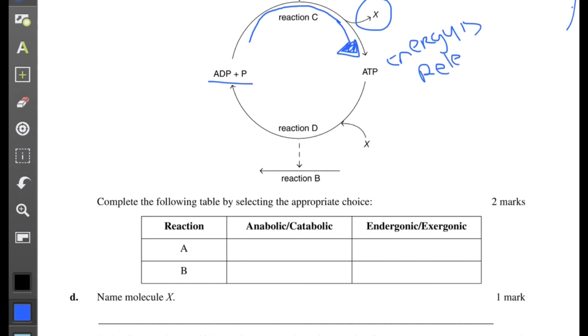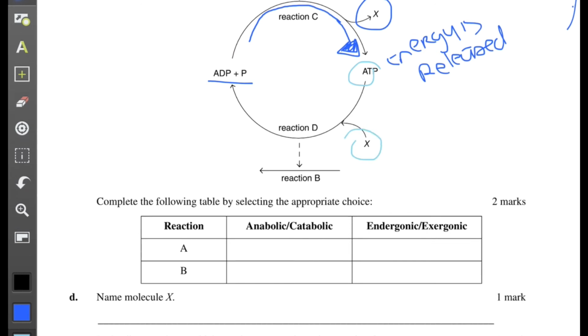If we have a look at reaction D and reaction B, it's taking in that energy, taking in the X molecule that was released from the first reaction, and then breaking it down into ADP plus Pi. So energy is required.